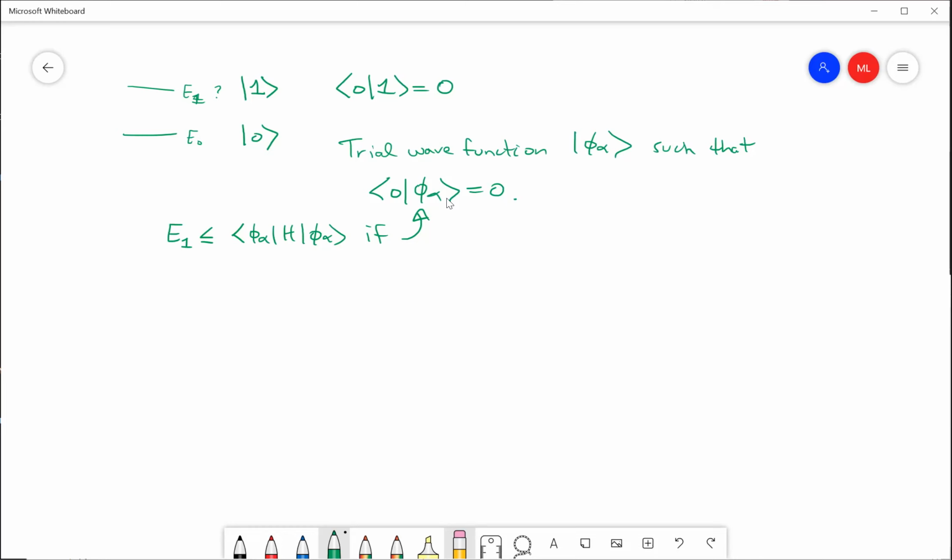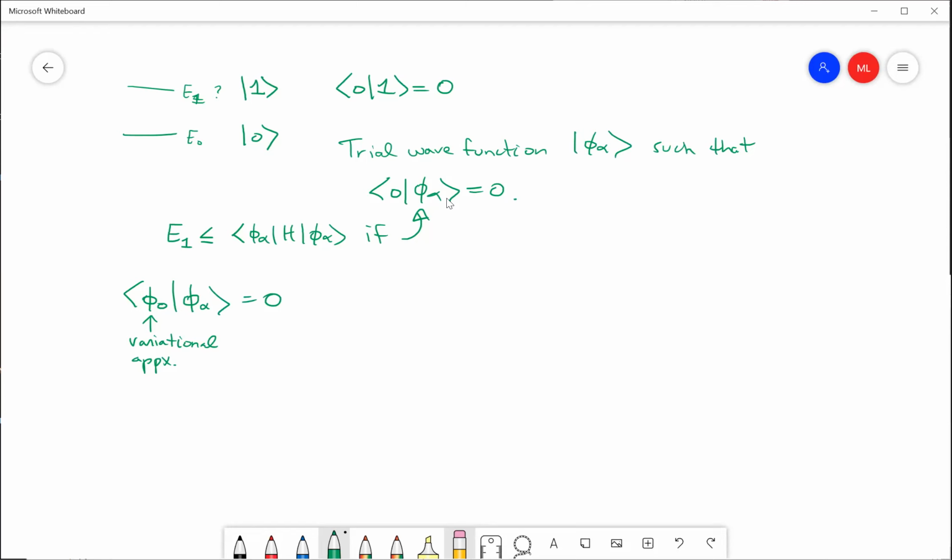Typically even and odd functions for spatial problems, that's common. Otherwise, maybe you'll just have to settle on using your variational approximation for the ground state, and just ensuring that your trial wave function is orthogonal to your trial wave function that you used for the ground state. So that's another way you could do it systematically. So that's how you do it.